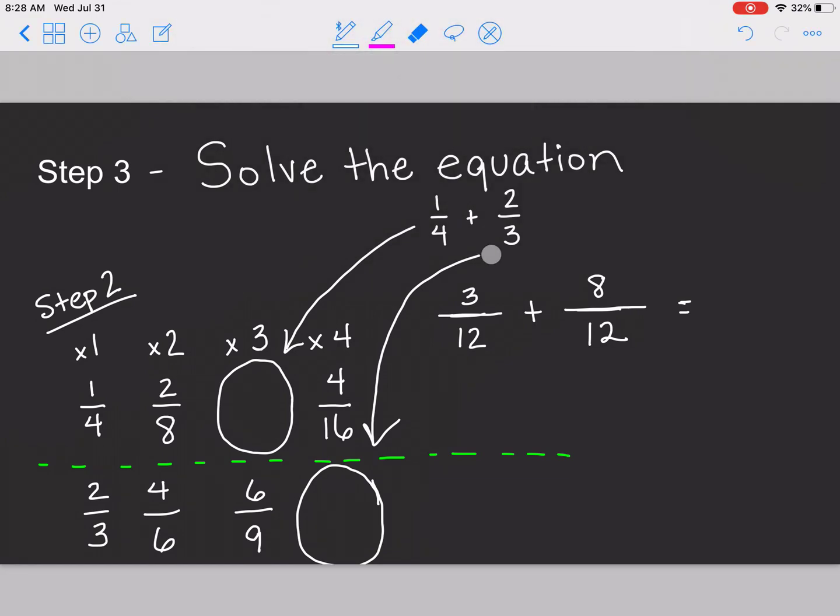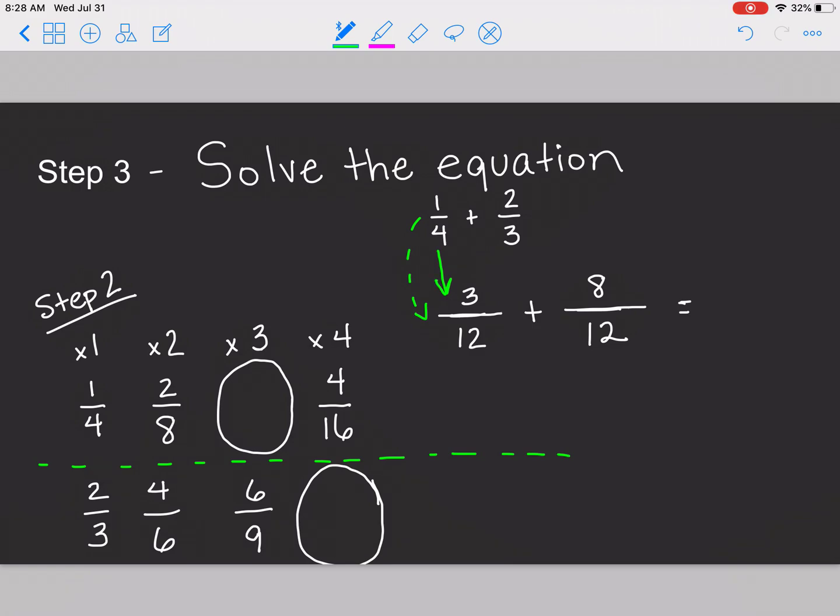So now you can see, I'm going to clean this up a little bit so you can see that now I have my equivalent fraction for 1/4, which was 3/12. And see how they are aligned.